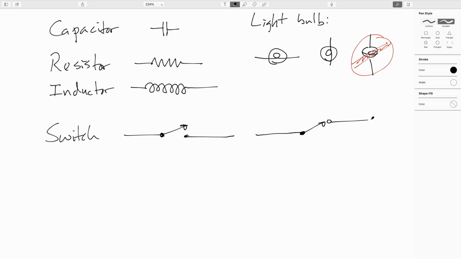This is an example of what is called a single pull, double throw switch. So the pull is this bit here that can flip back and forth. The throw is the number of places it can land. So this is a single pull, single throw switch. It can only be thrown to one place. Here it can be thrown to two places.